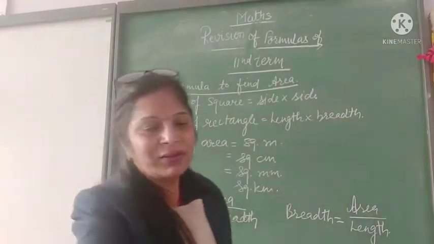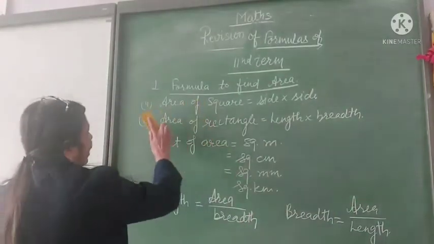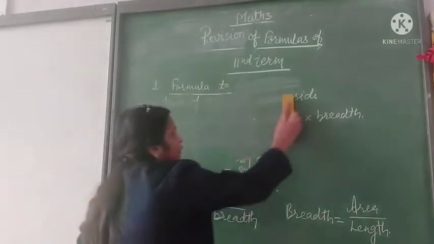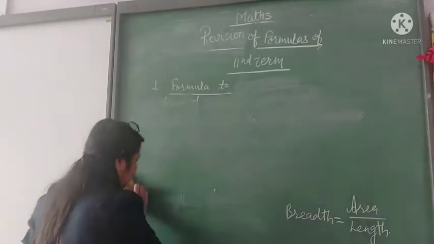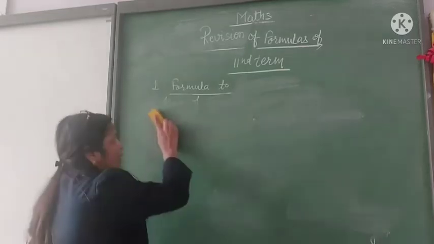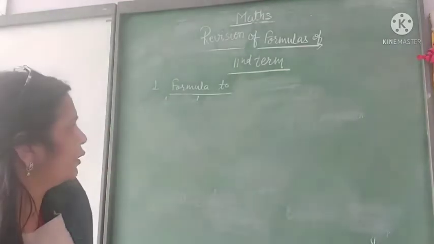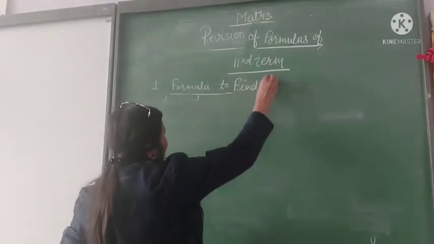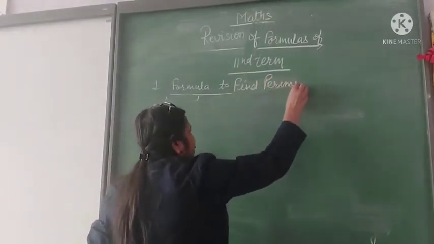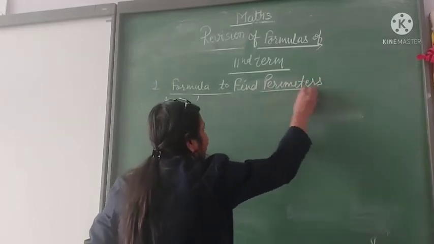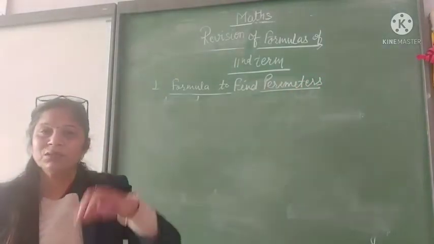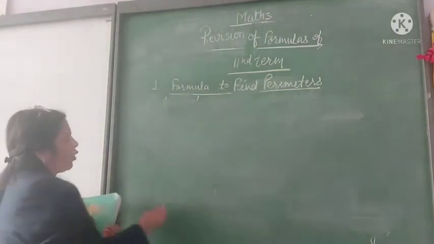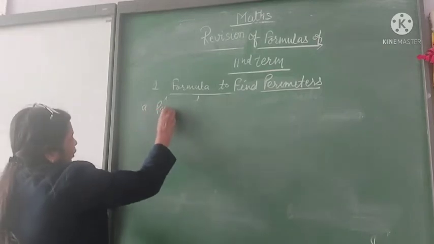Now next, I will talk about the formula to find the perimeter. What is the perimeter? Perimeter is the total sum of the sides of the figure. So here also we will find the formula.